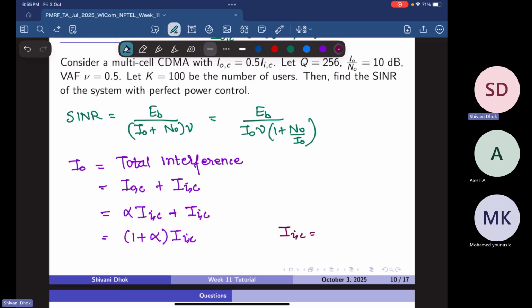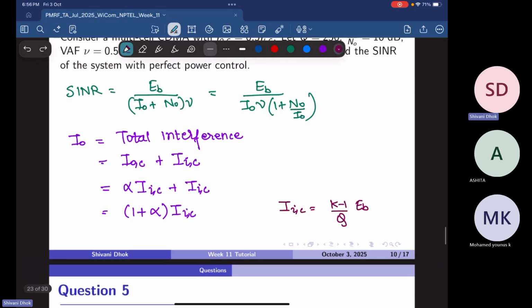So this comes out to be equal to k minus 1 multiplied by the cross correlation 1 by Q into the signal strength, that is Eb. So now I can substitute back this I_IC formula in your interference equation.